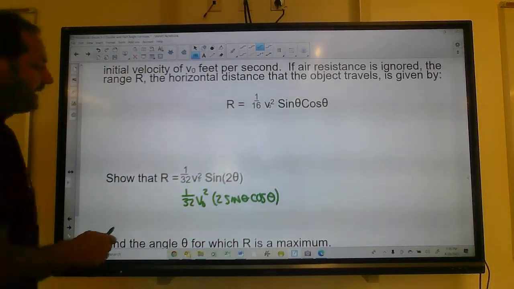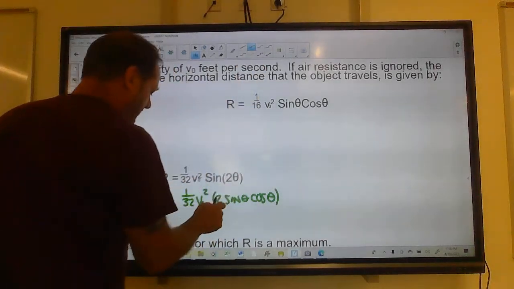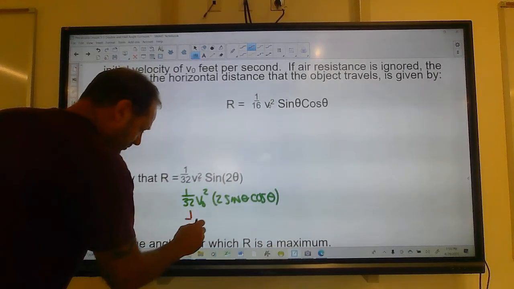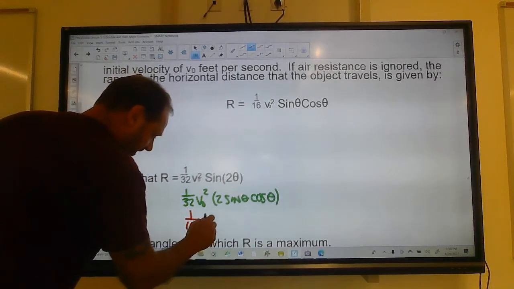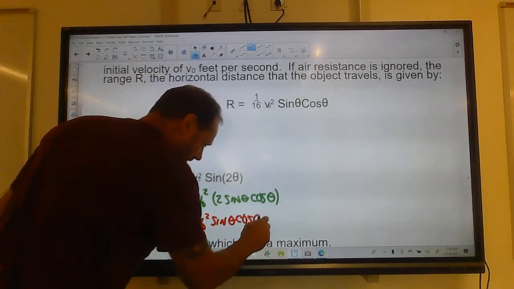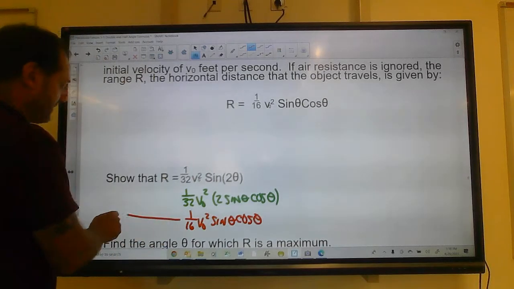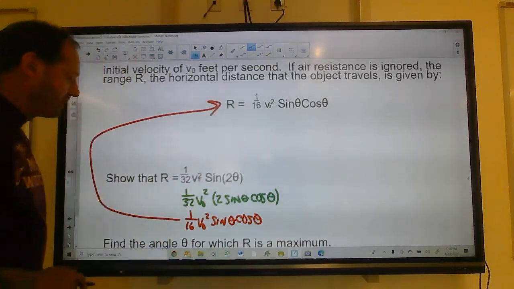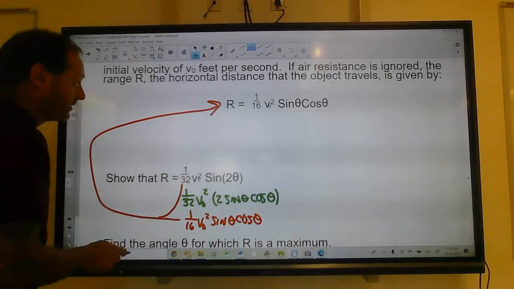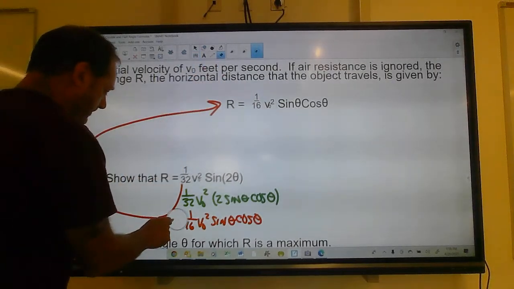Okay? And then if I put the 2 over here on top of this, that's just 2 over 32, which is 1/16 v naught squared sine theta cosine theta. So this and this are exactly the same thing.